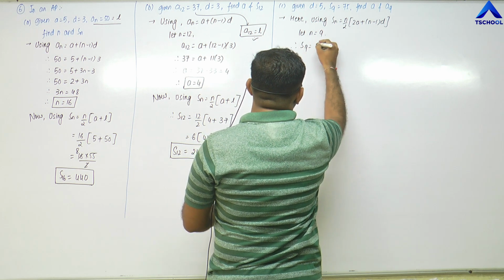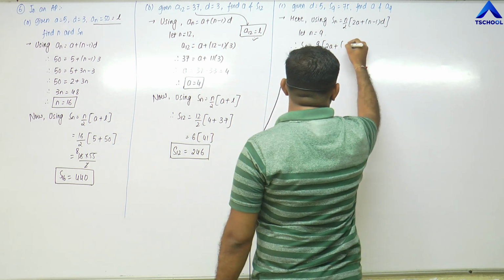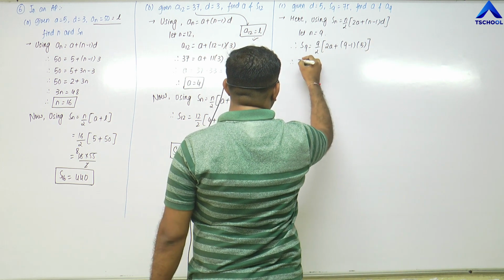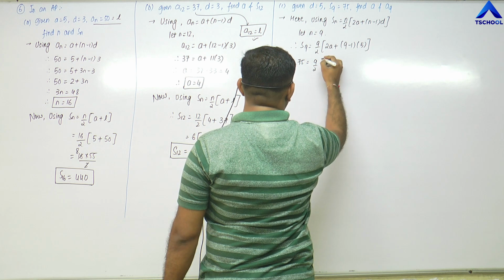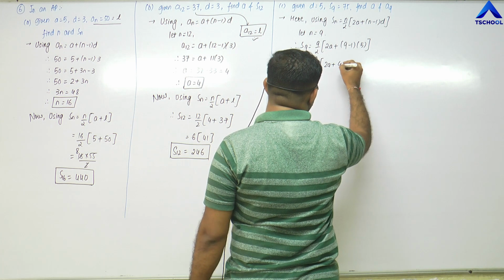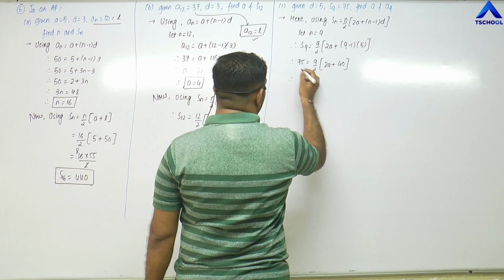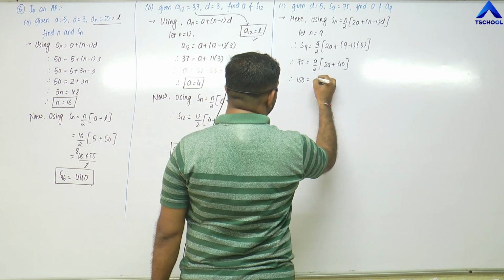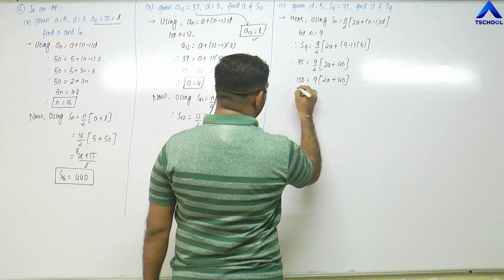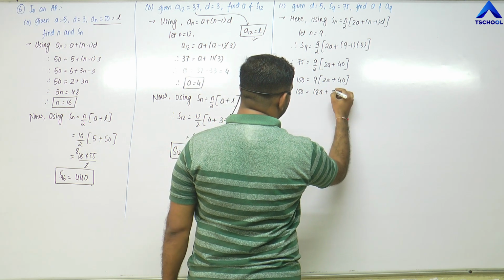Therefore, S9 equals 9 by 2 into 2a plus 9 minus 1 into 5. S9 is given as 75, so 75 equals 9 by 2 into 2a plus 8 into 5, which is 40. Therefore, 75 into 2 is 150 equals 9 into 2a plus 40. Therefore, 150 equals 18a plus 360.